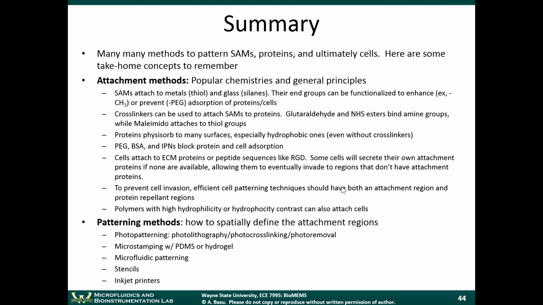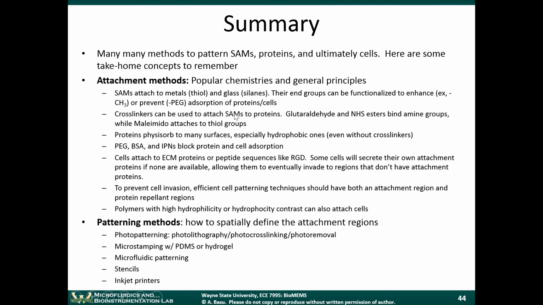But it's helpful that you know that these attachment methods exist and where to go to find them. So a few of the popular chemistries: self-assembled monolayers attach to metals, if they're a thiol self-assembled monolayer, or they can attach to glass, in the case of silane-based self-assembled monolayers. The end groups can be functionalized to enhance or prevent the absorption of proteins in cells.